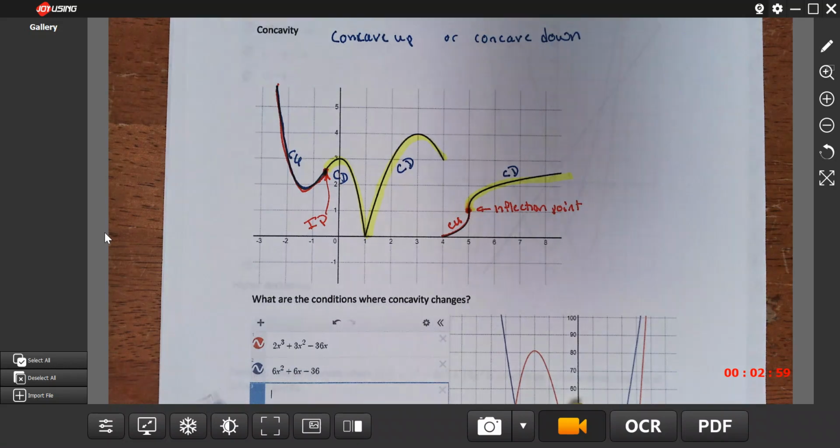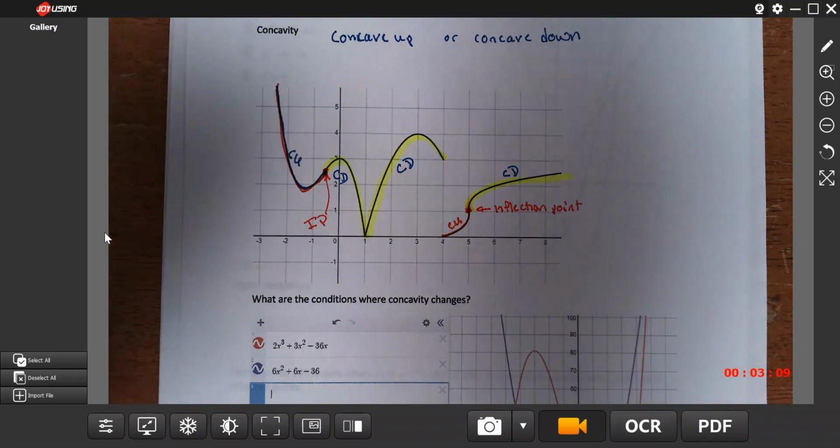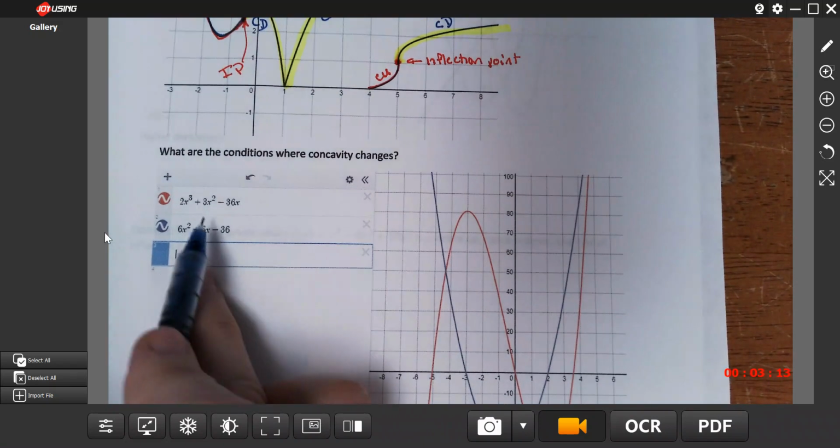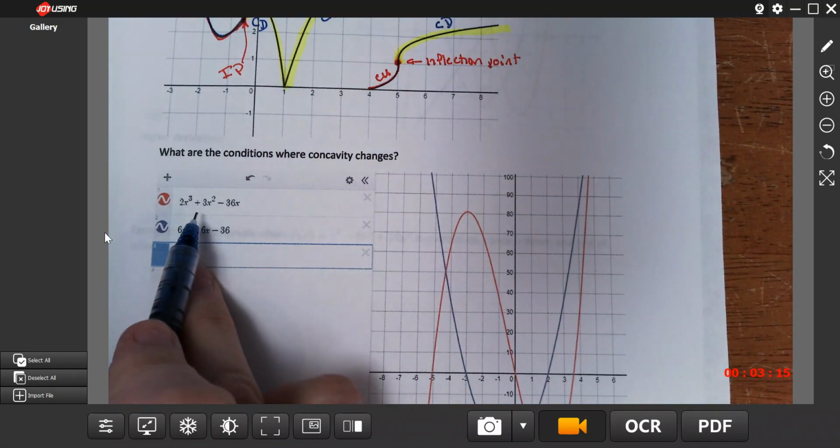So now that we've identified what concave up and concave down looks like, we're going to try to figure out how to know when the concavity changes. So here is a graph as an example, and you can see the functions are listed over here.